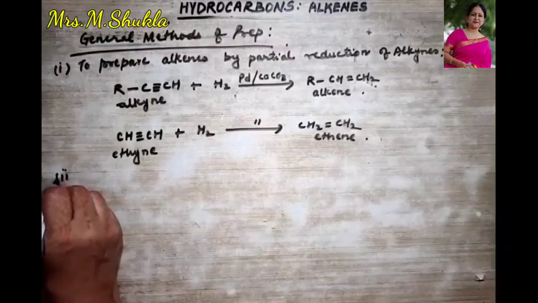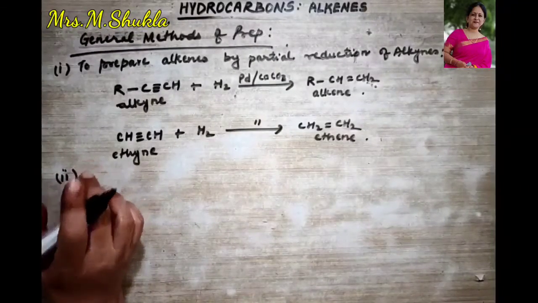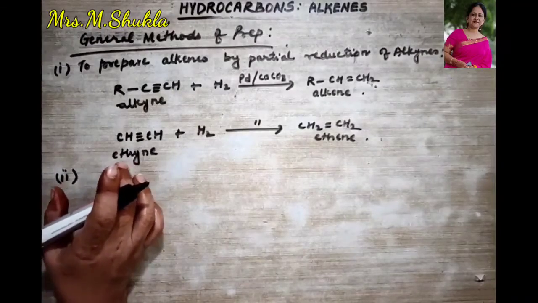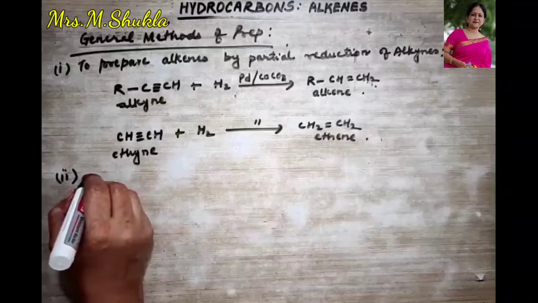Okay, next let us come to the second method, that is preparation of alkenes from vicinal dihalogen derivative of alkene.